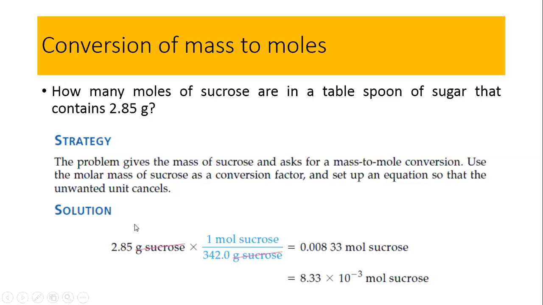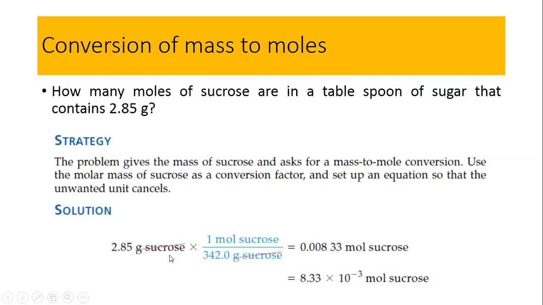It is very simple. Take 2.85 gram, and this is the ratio you already calculated in the previous example: 1 mole of sucrose is equal to 342.0 grams of sucrose.